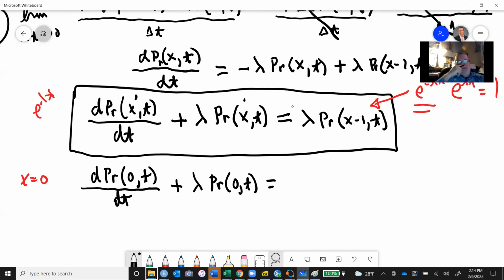Now, it turns out that you can't have a -1. Just doesn't work out that way. So the probability of losing 1, so you start at 0 and lose 1, is nonsensical at any time t.